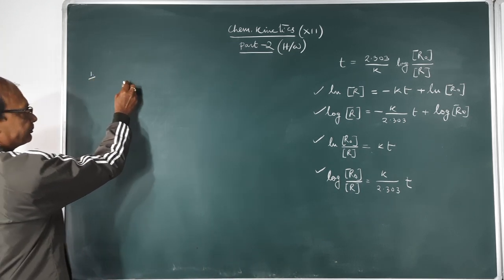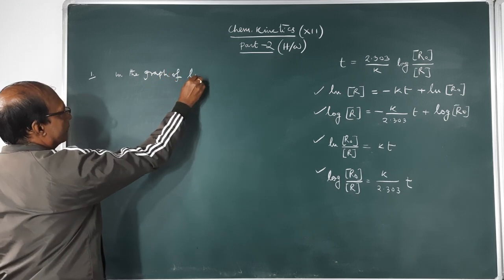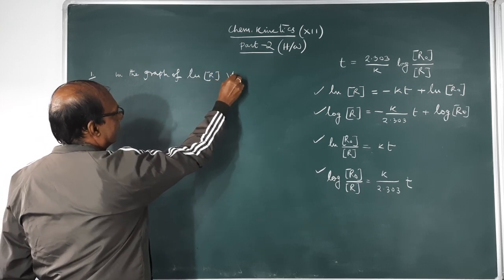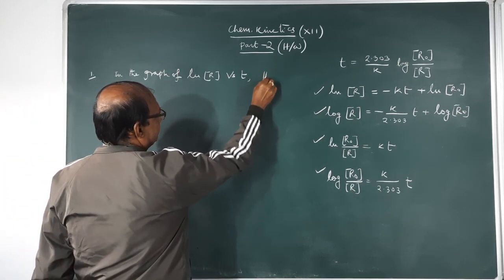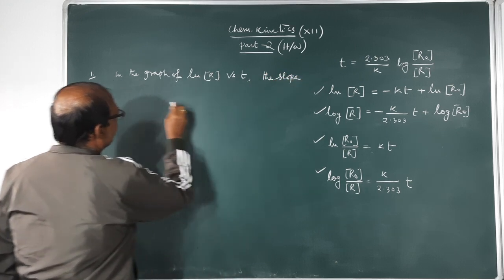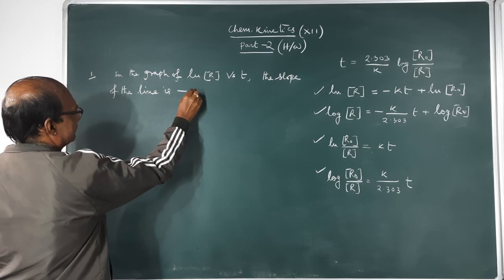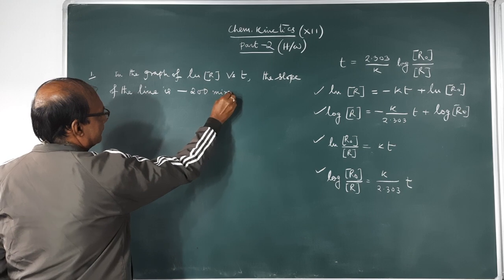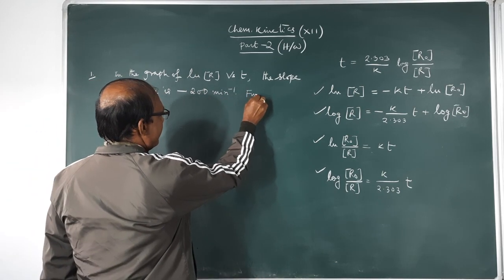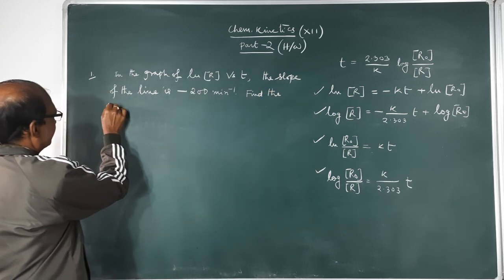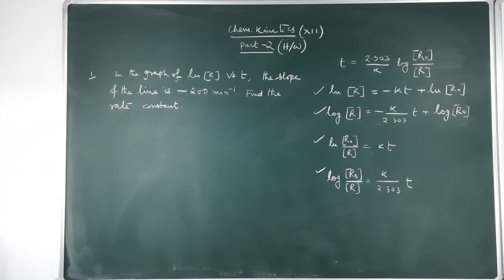Question number 1: in the graph of ln R versus t, the slope of the line is minus 200 minute inverse. Find the rate constant.